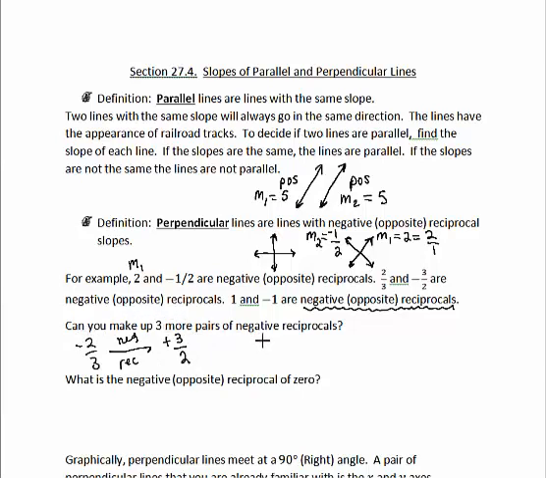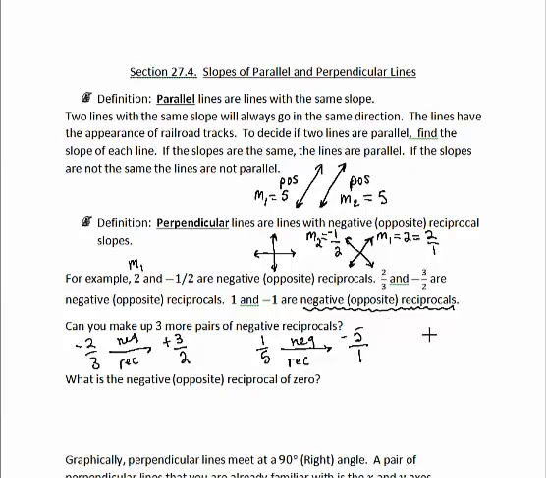Let's say we have 1/5. What's the negative reciprocal of 1/5? Well, we simply write 1 in the denominator and 5 in the numerator, and 1/5 started out as positive, so I make this negative. So negative 5 is the negative reciprocal of 1/5.